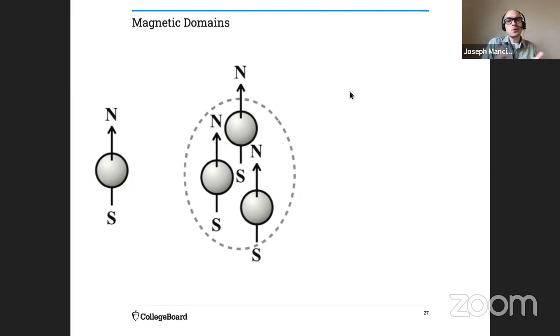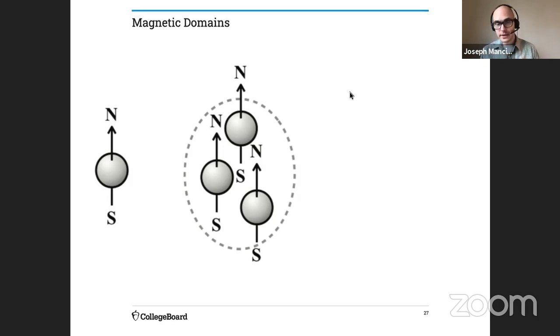Atoms do what their neighbors are doing. They influence each other. They affect each other. And in a region that you see enclosed in that dotted line, in a region of several particles, or whole bunches of particles, doing the same thing, we call that region a magnetic domain.